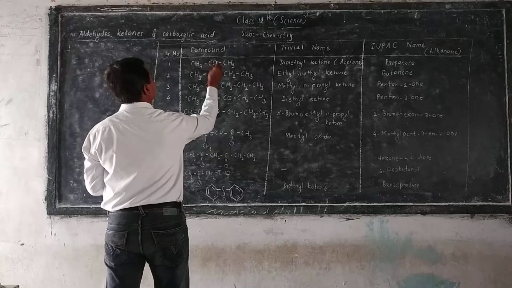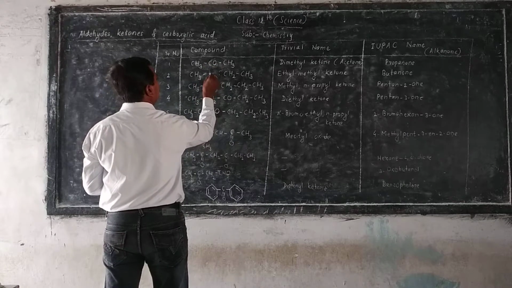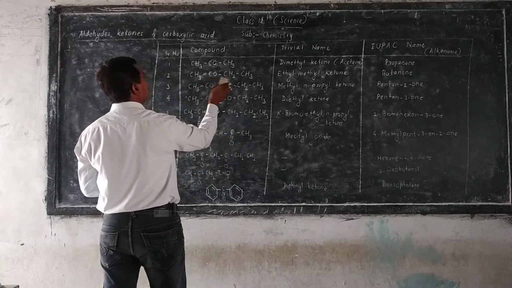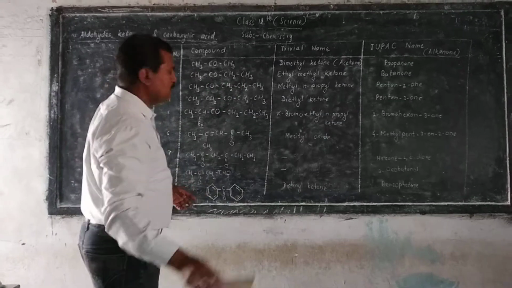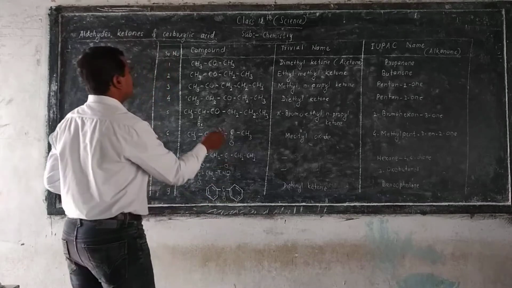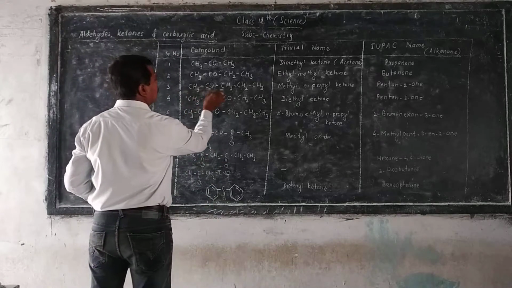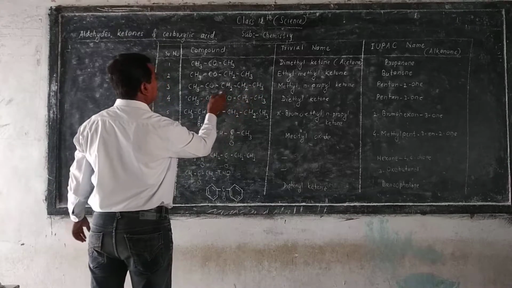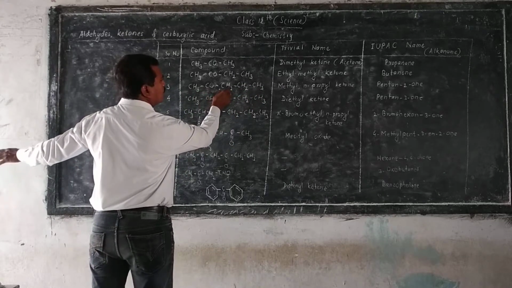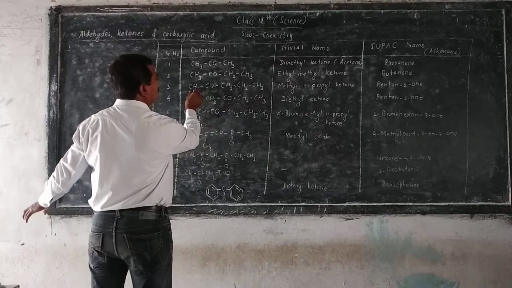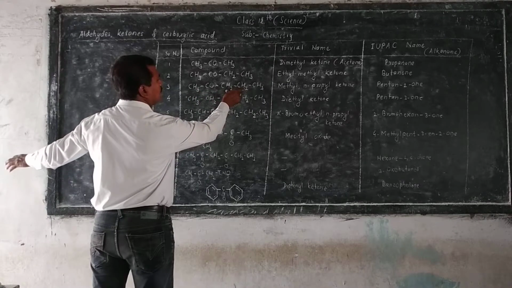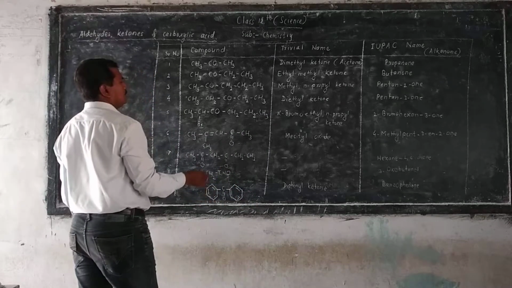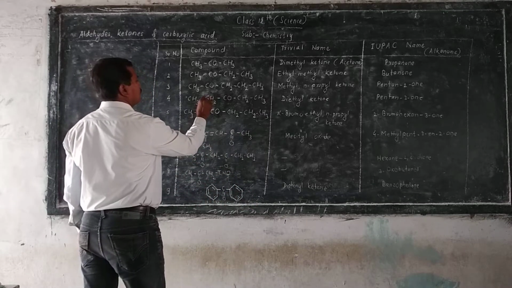So the first is dimethyl ketone and here ethyl methyl ketone. Then in the third structure, a methyl group and a propyl group are attached, so methyl n-propyl ketone.